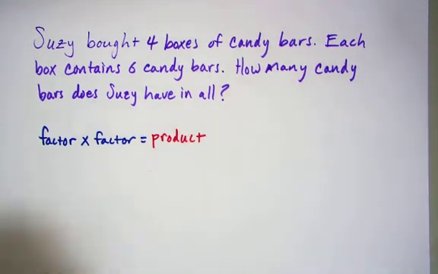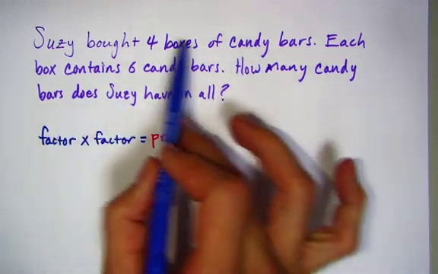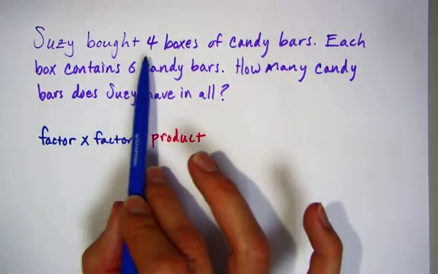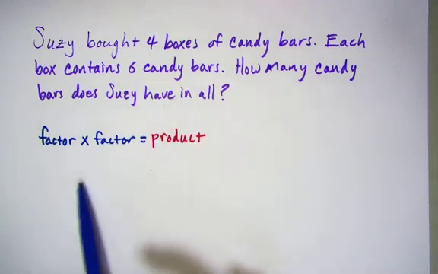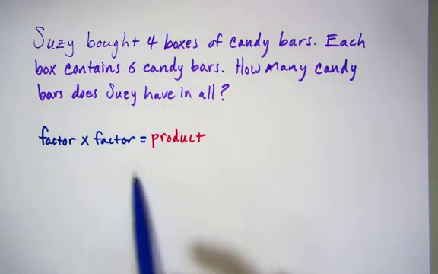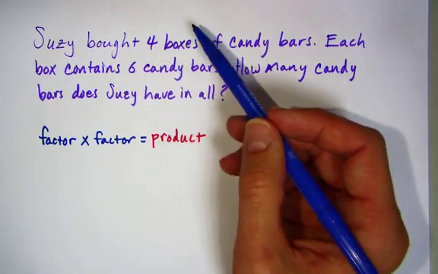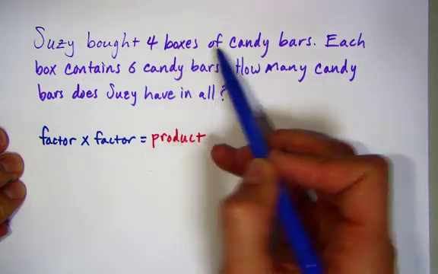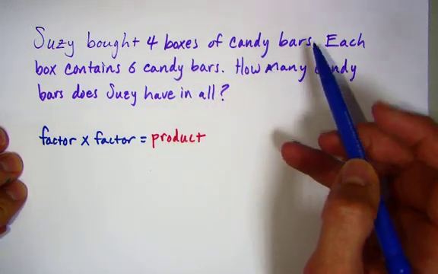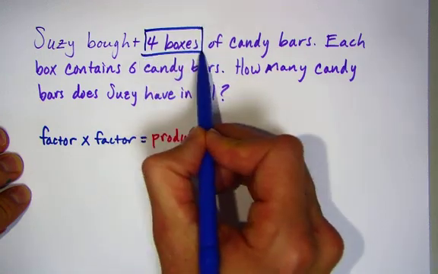Okay. So now I can figure out from this problem what my equal groups are, and then I can write a multiplication sentence right here. So let's go back over the problem. Susie bought 4 boxes of candy bars. Well, right here I see that I have 4 boxes.